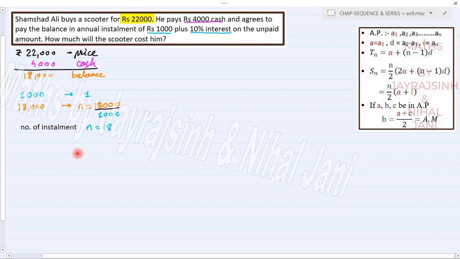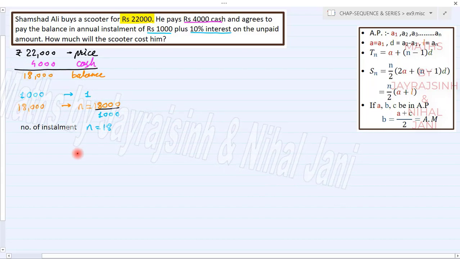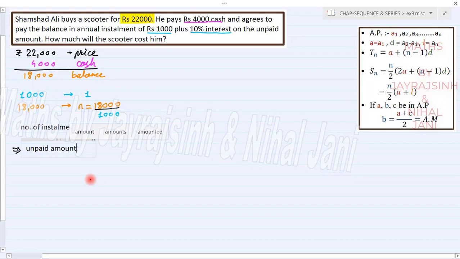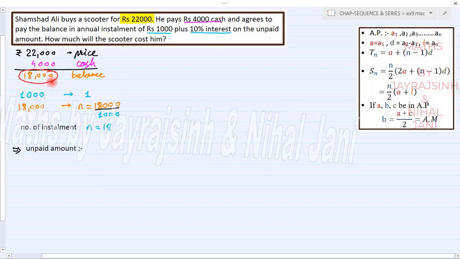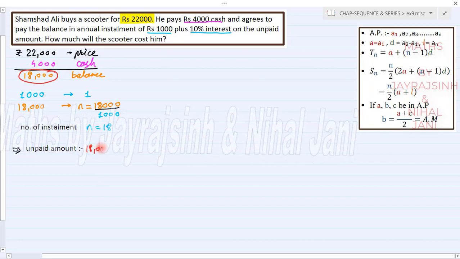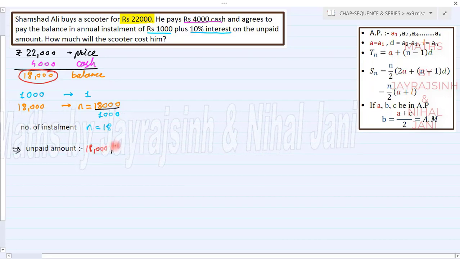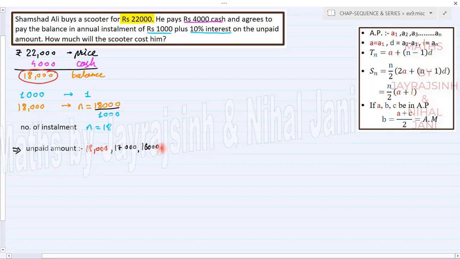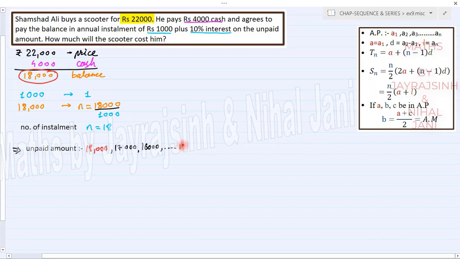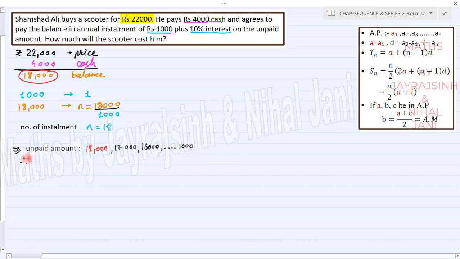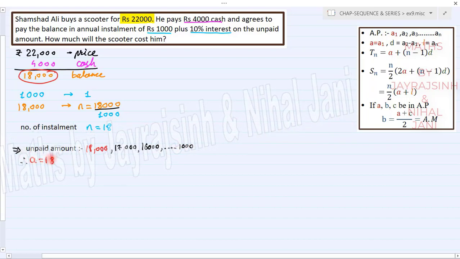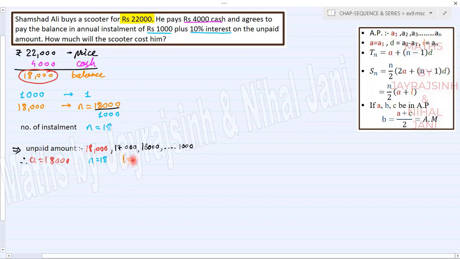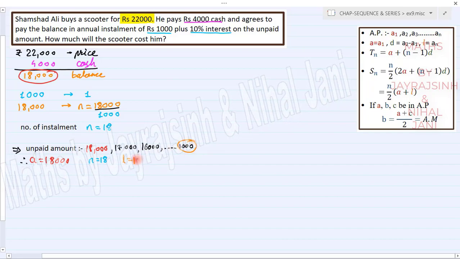Now we have to calculate interest on the unpaid amount. Its unpaid amount will be in the sequence of initial balance 18,000, then after the first installment 17,000, then 16,000, up to 1,000. So we can say the first term is 18,000, the number of installments is 18 and the last term is 1,000.